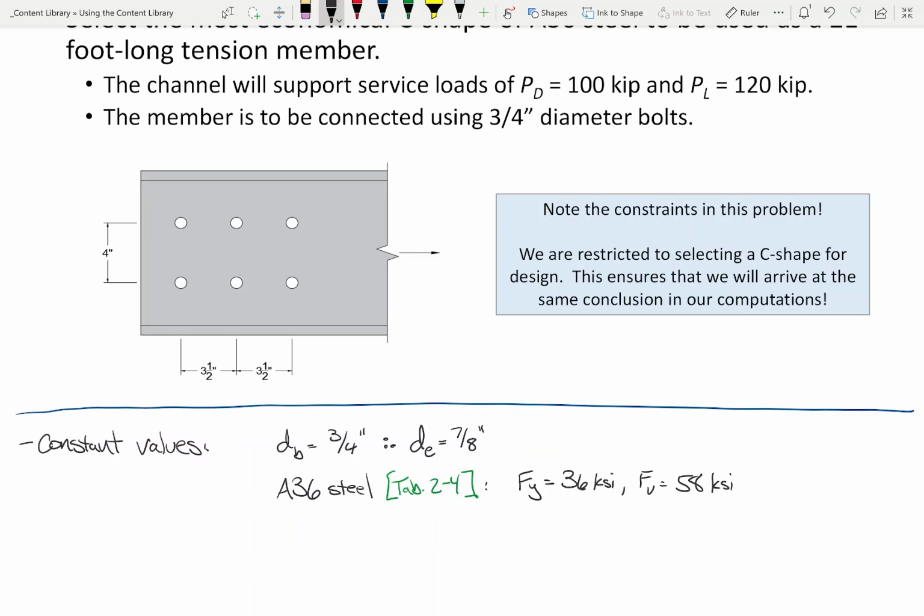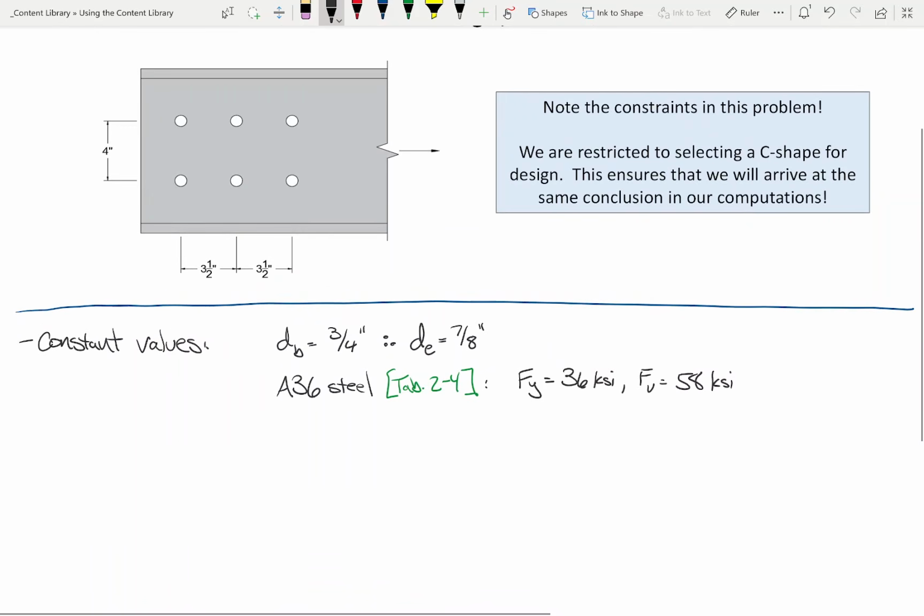Two other things that we can figure out just right off the bat. We know that the member length is 21 feet. How many inches is that? 20 feet is 240 inches, so another 12 inches is 252. Did I do that right?